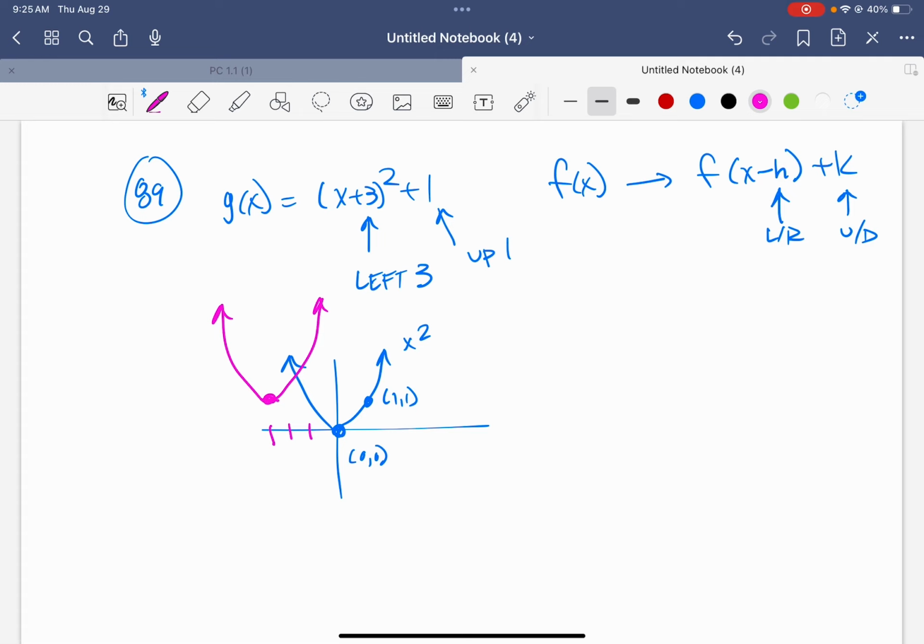And let's see, this is going to be negative 3, 1. And this point right here is now going to be negative 2, 2. So notice I started off with a parent function and 2 points on it, and I showed how it all moved. So that's 89, and now on to the last one, number 91.